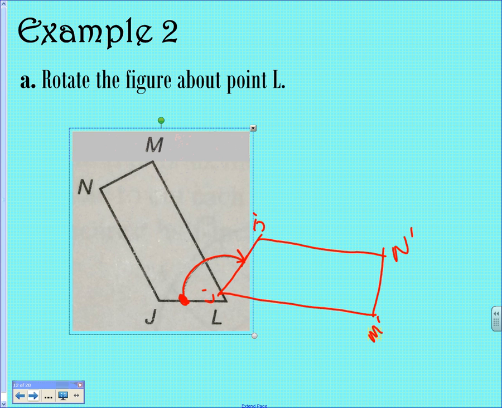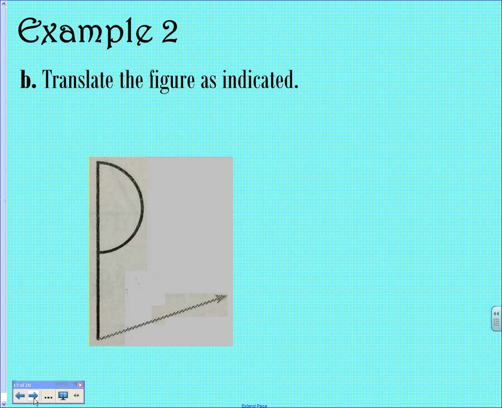Do y'all see how that works? Okay. Somebody's got to translate the figure. So someone else has to come translate a figure.